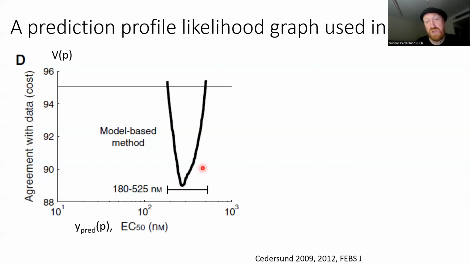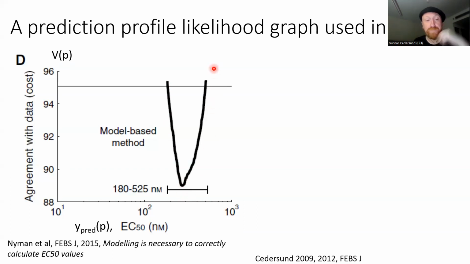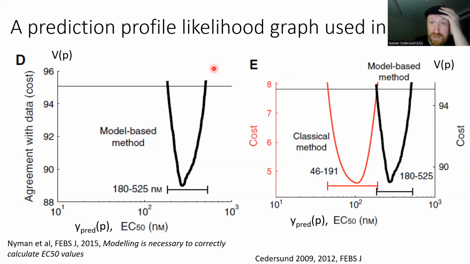This U-shaped curve is simply an indication that this particular model property is quite well determined. In this particular case, we can actually determine EC50 in a way that is almost completely non-overlapping with how you usually determine it, and this is the more correct approach. So this shows that sometimes you might need a model to determine something as basic as EC50, the half maximal activation.